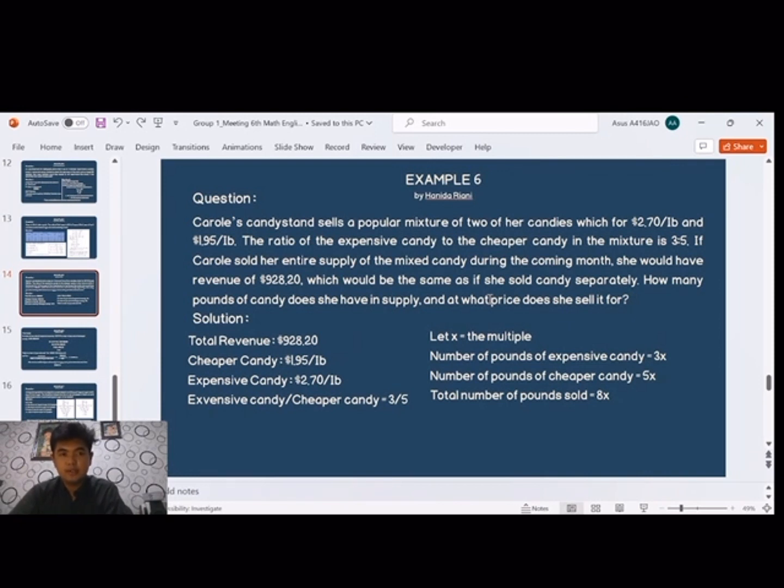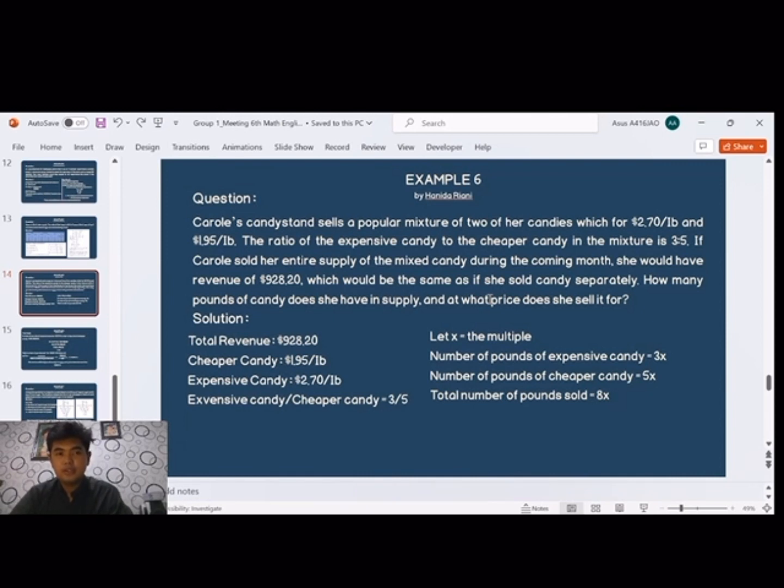The question is, Carol's candy stand sells a mixture of two of her candies which cost $2.70 per pound, and $1.95 per pound. The ratio of the expensive candy to the cheaper candy in the mixture is 3 to 5.